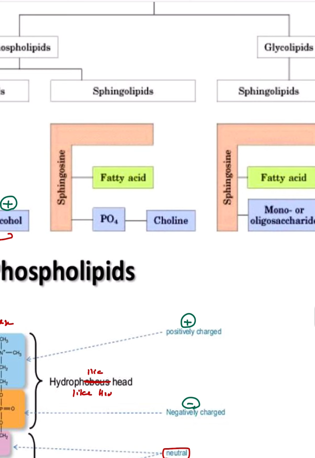Now I want to explain the structure and what parts we have. We have to know about this. Choline and the phosphate bind each other, and we have a sphingosine. A sphingosine with one fatty acid is named ceramide. So this area is the ceramide.